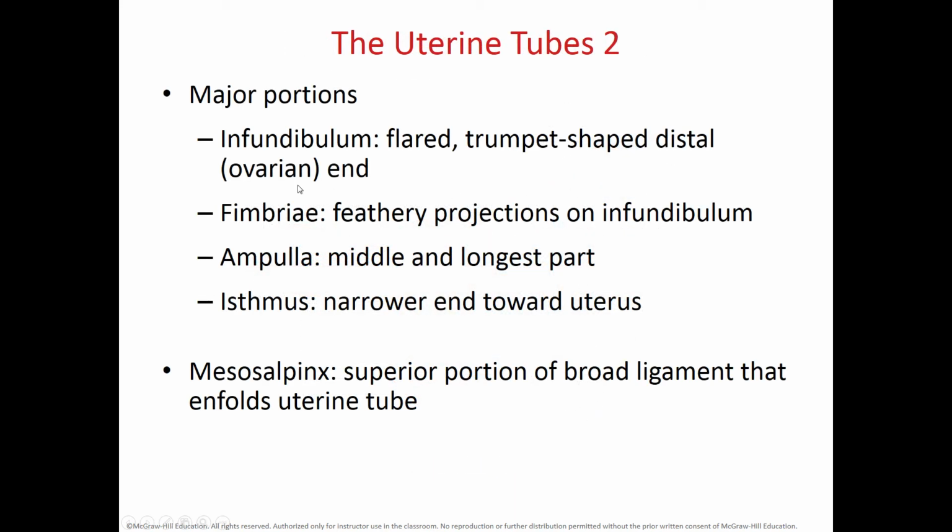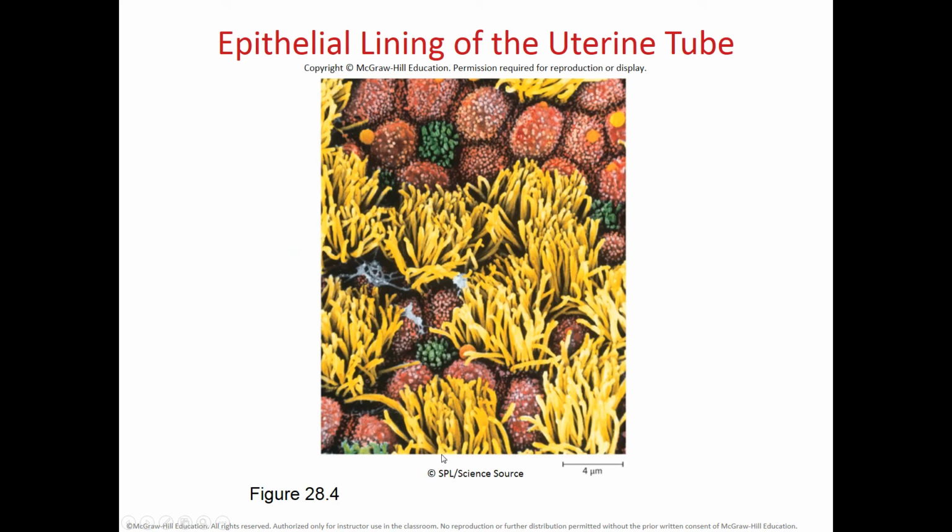So I already talked about these portions of the uterine tubes and the mesosalpinx, which is the part of the broad ligament that enfolds the uterine tube. This is the scanning electron micrograph of the epithelium of the uterine tube. So these are cuboidal cells, and these cuboidal cells have cilia.